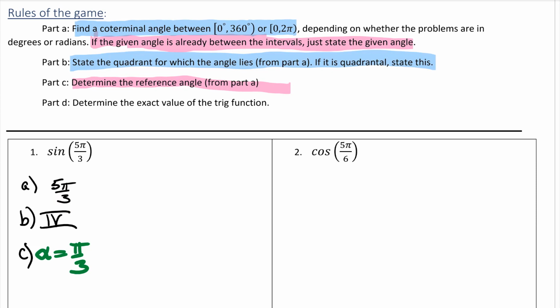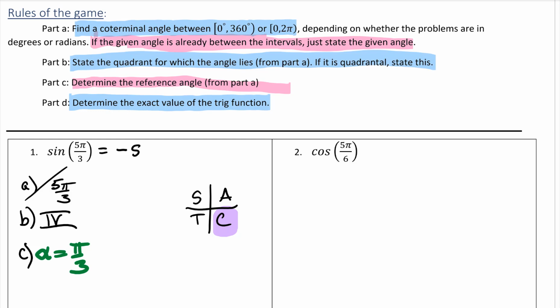Now we're going to use this to determine the exact value of the trigonometric function. So what we can say here is, well, this part's not going to tell us much, but quadrant 4, ASTC. It's in quadrant 4, which tells us our answer is going to be negative. So we say equals negative sine of the reference angle.